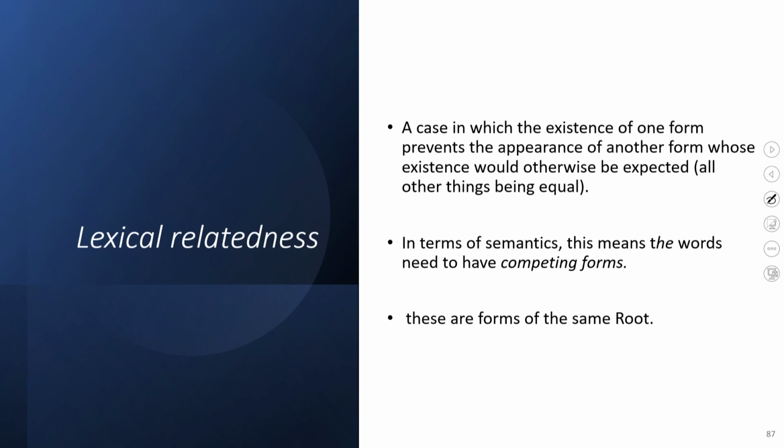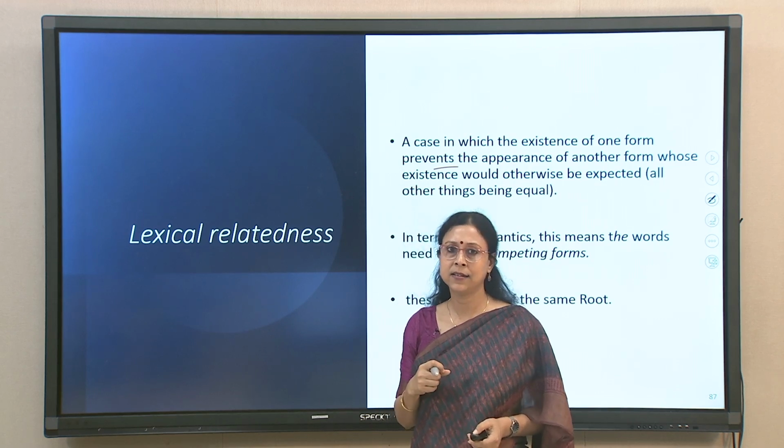Lexical relatedness is the textbook definition of what we mean by this: a case in which the existence of one form prevents the appearance of another form whose existence would otherwise be expected, all other things being equal. This is what basically lexical relatedness means.